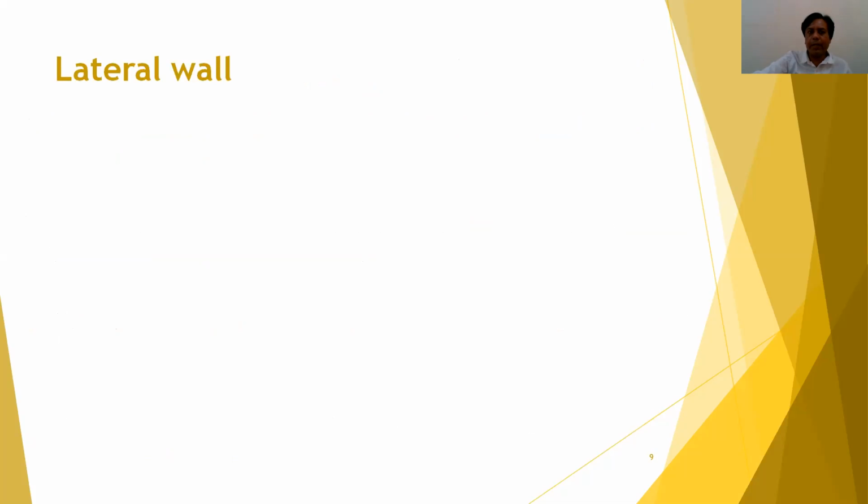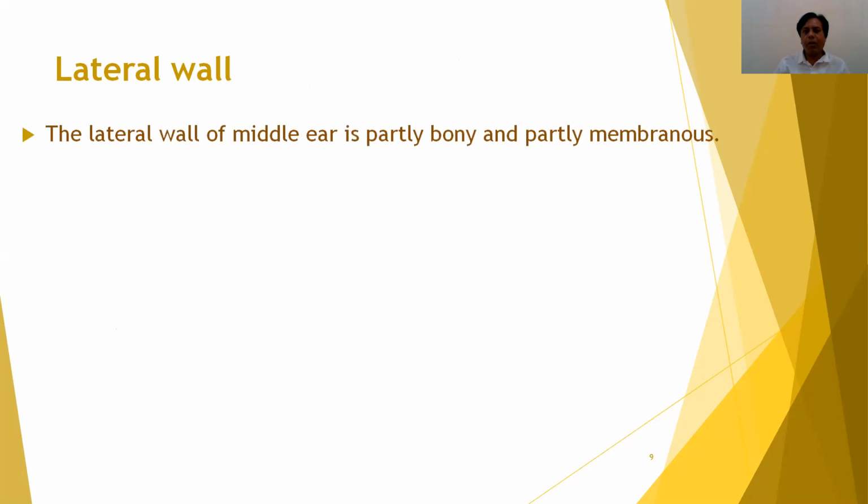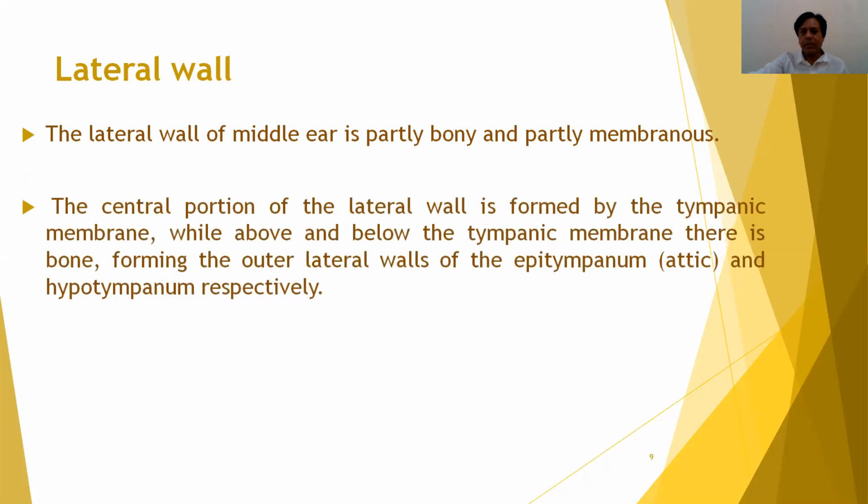Then coming to lateral wall. The lateral wall of middle ear is partly bony and partly membranous. The central portion of the lateral wall is formed by tympanic membrane, while above and below the tympanic membrane there is bone, forming the outer lateral walls of the epitympanum, that is attic, and hypotympanum respectively.